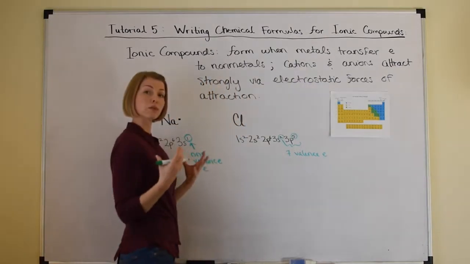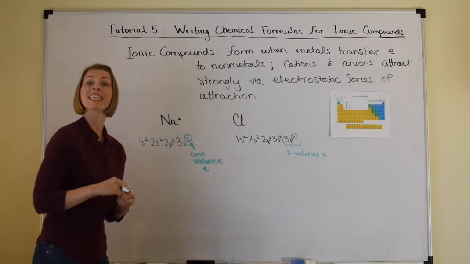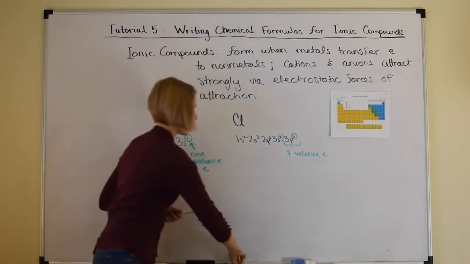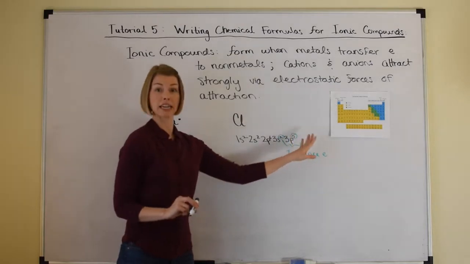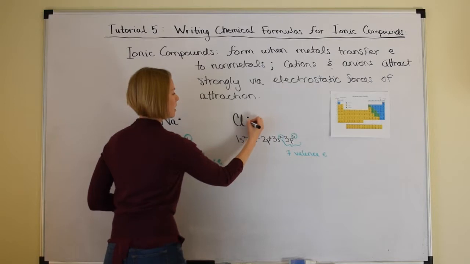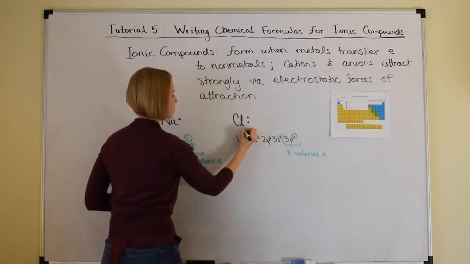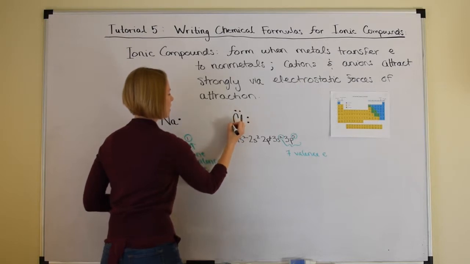So hopefully that makes it really clear why we'd expect chlorine to want to gain 1 more electron, fill up that valence shell and achieve an octet. Okay, so let's go ahead and draw those 7 in a dot structure. 1, 2, 3, 4, 5, 6, 7.